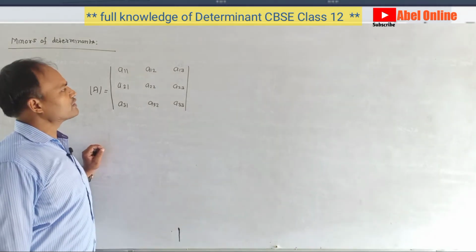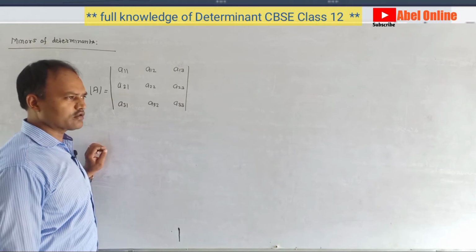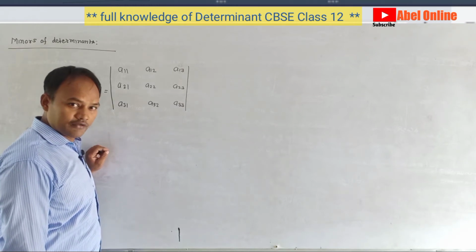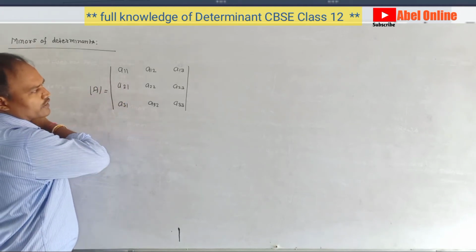These are the elements of the determinant. We have to find minors for every element, and of course you have to.